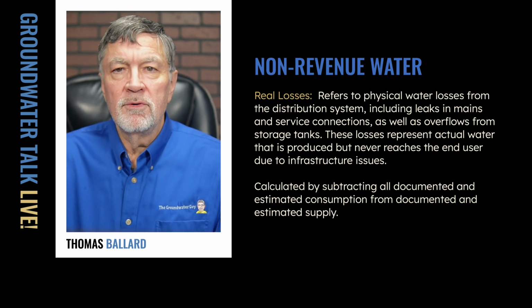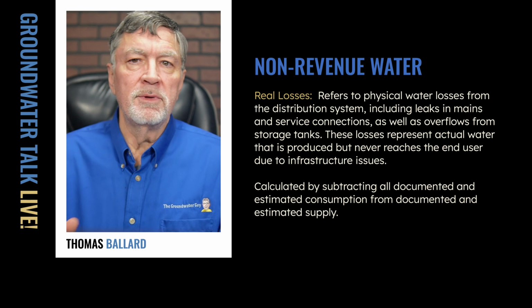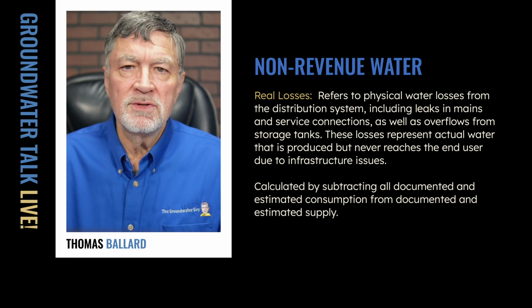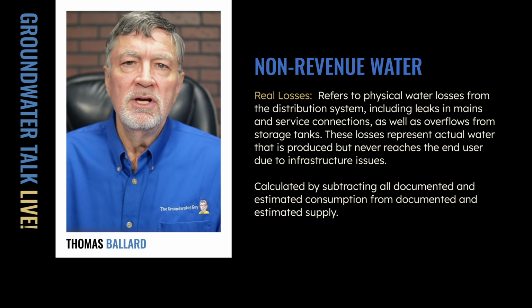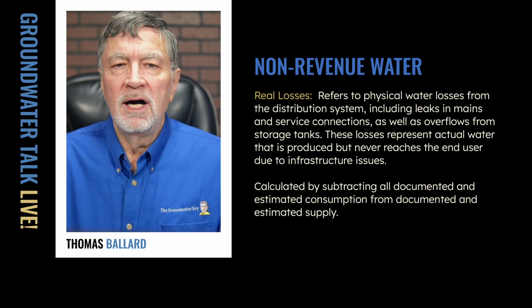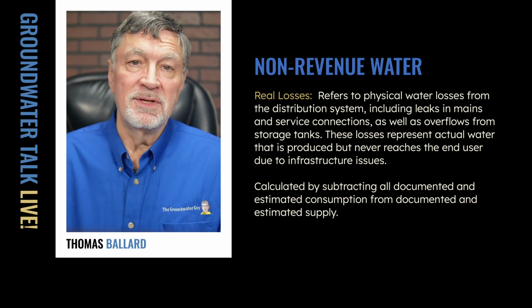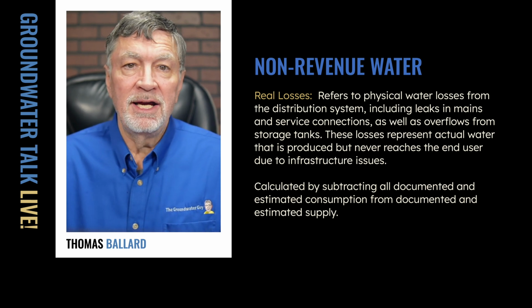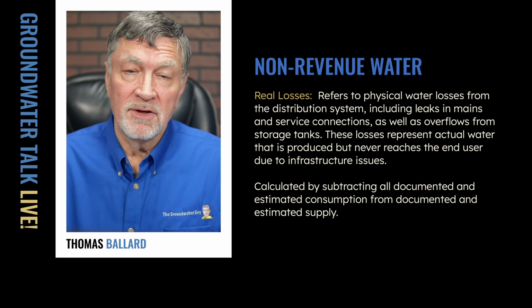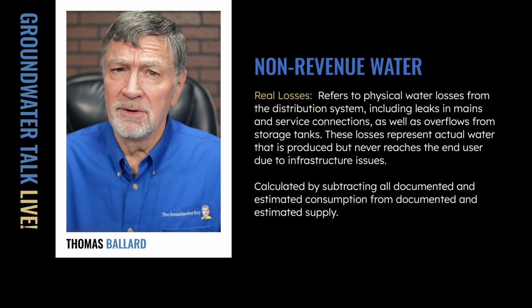And this refers to physical water losses from the distribution system, which includes leaks in mains and service connections, overflows from storage tanks, and other things like that, where it's not planned, it's not authorized, and it may be ongoing. Leaks sometimes can be difficult to track down if it's leaking underground.